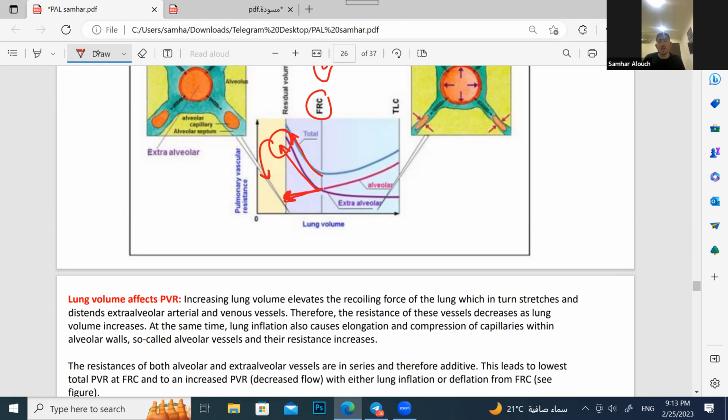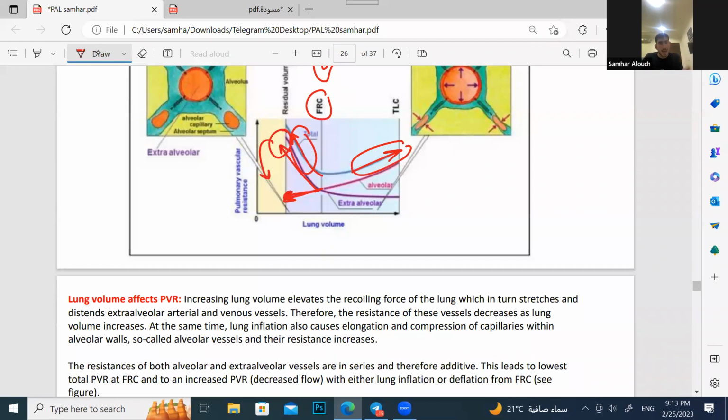When I inhale, the alveolar capillary resistance increases, the extrapulmonary decreases, but the total is increasing. And vice versa, if I exhale more than normal, more than FRC, the alveolar capillary resistance will decrease, but the extrapulmonary vessels resistance will increase because they are getting compressed, and the total is still increasing.